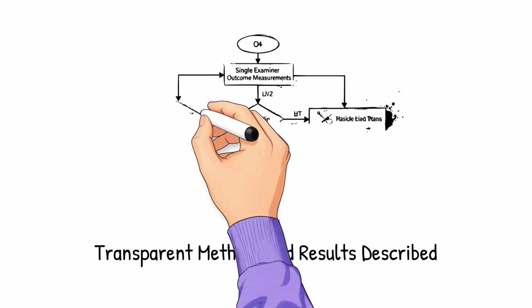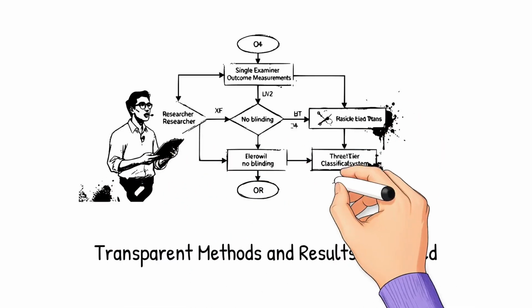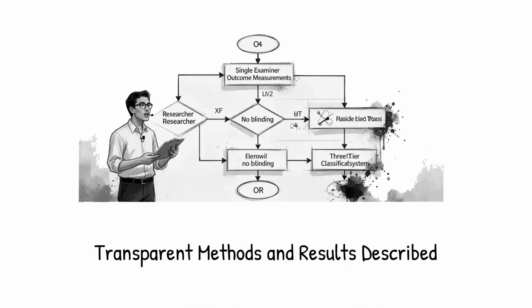Clearly defined and referenced outcome measurements taken by a single examiner without reported inter-examiner reliability. No blinding, appropriately given the single-arm design. A precise 3-tier classification system separating success from survival. And purely descriptive statistics, exactly matching what a single-arm cohort allows.